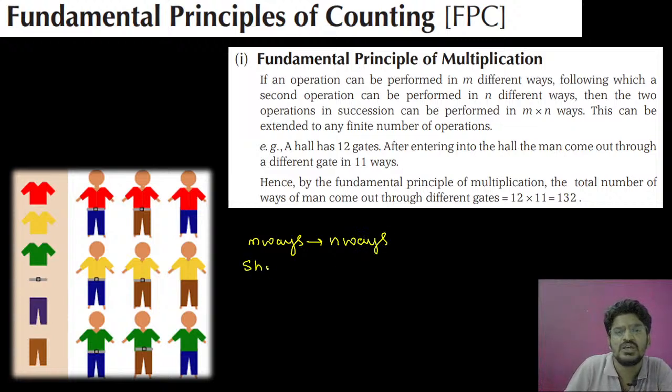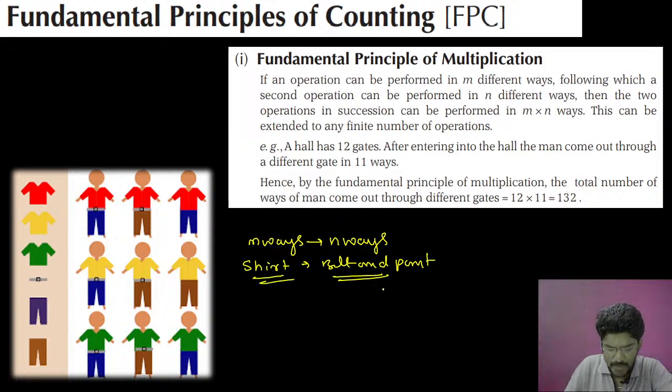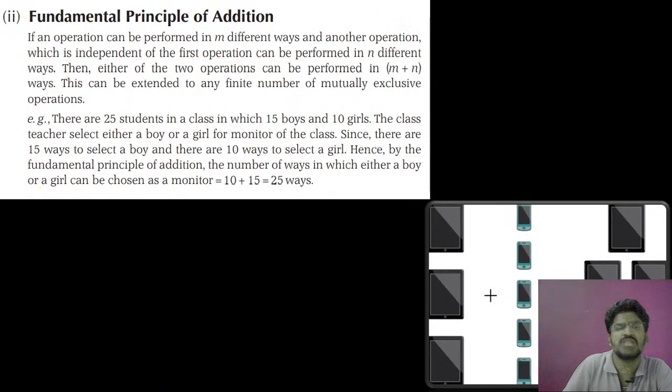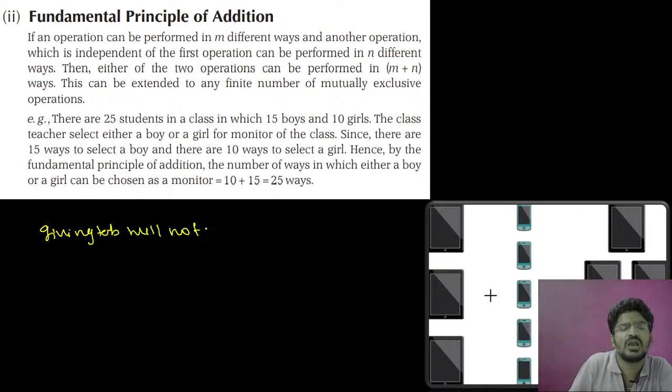That means the wearing of the shirt continues with the wearing of the belt and pants. But here you just see, giving a tab will not continue with giving a mobile. Are you getting my point?